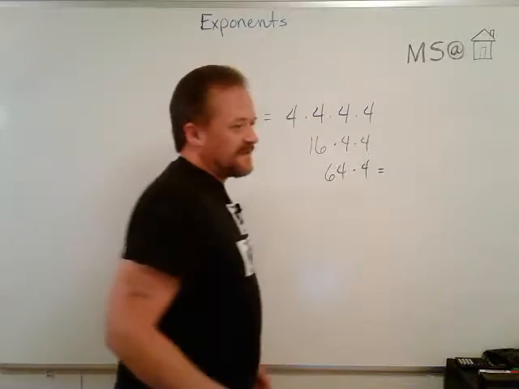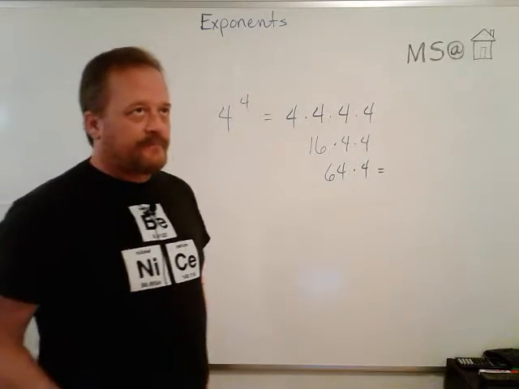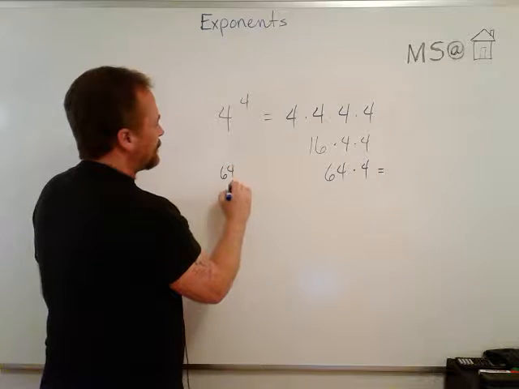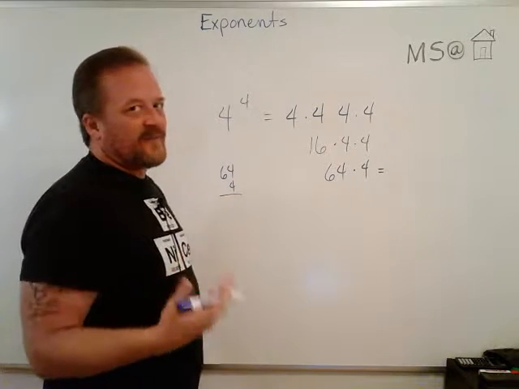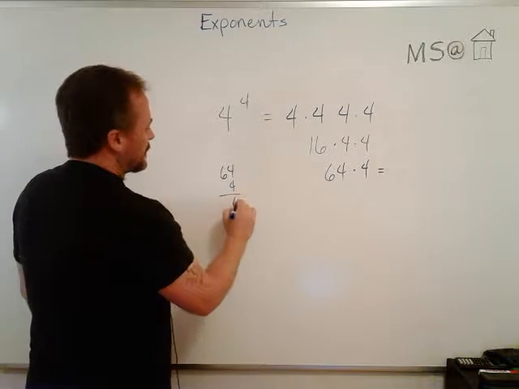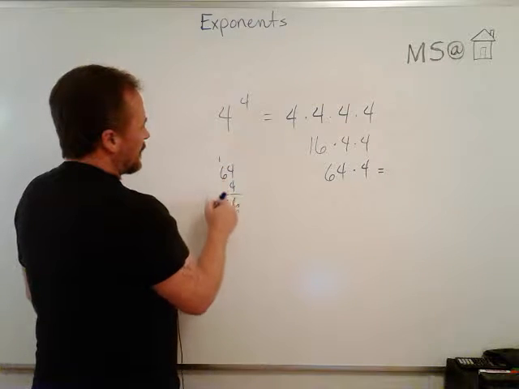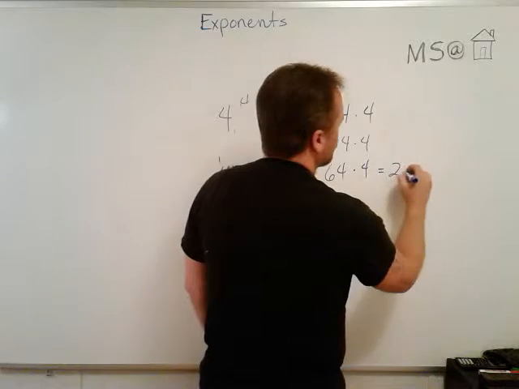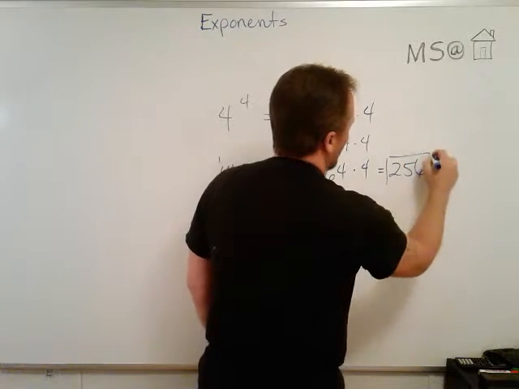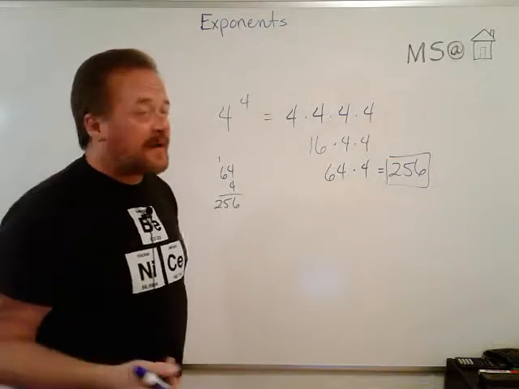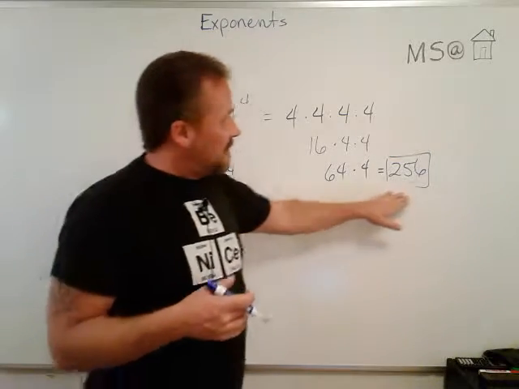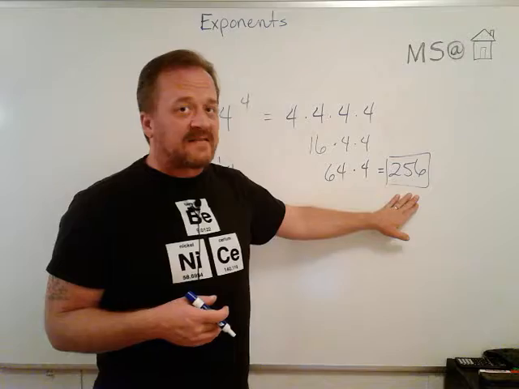And then what's 64 times 4? Got that in your head? If not, work it off to the side. This isn't a number that's big enough to have to use a calculator, so we won't. That's 16, carry the 1, 24, 25. See that? Do you see how quickly this number grew from 4 to 256?